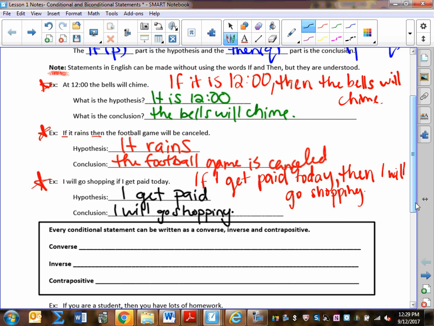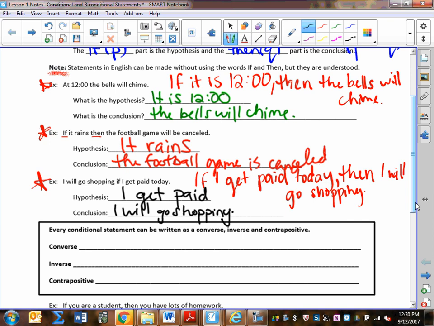If you have the football game will be canceled, that would be fine still. Particularly when we get to the converse, sometimes you have to change the wording so that when you read it in English, it makes sense. But yeah, it's fine if you change a little bit. Now, if you said bells won't chime, that would be a problem because it's different. All right. Other questions on that?